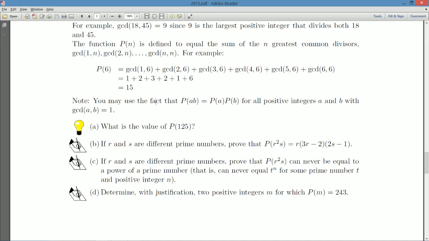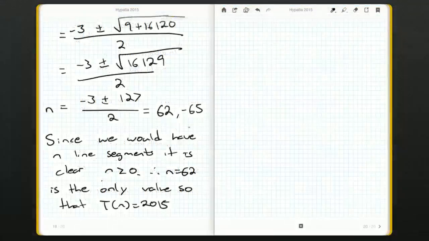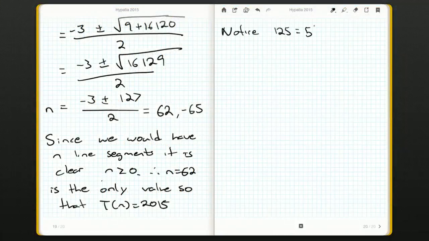And it's likely due to the fact that 125 is 5 cubed. So 125 is 5 cubed, and that means the only divisors of 125 are powers of 5.